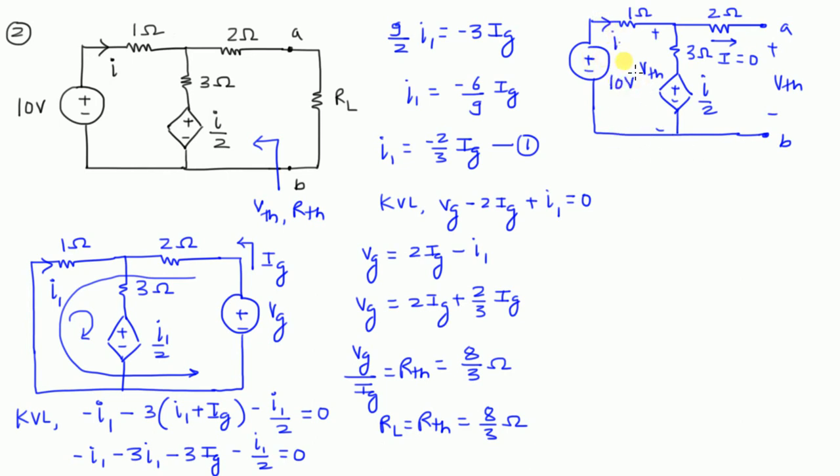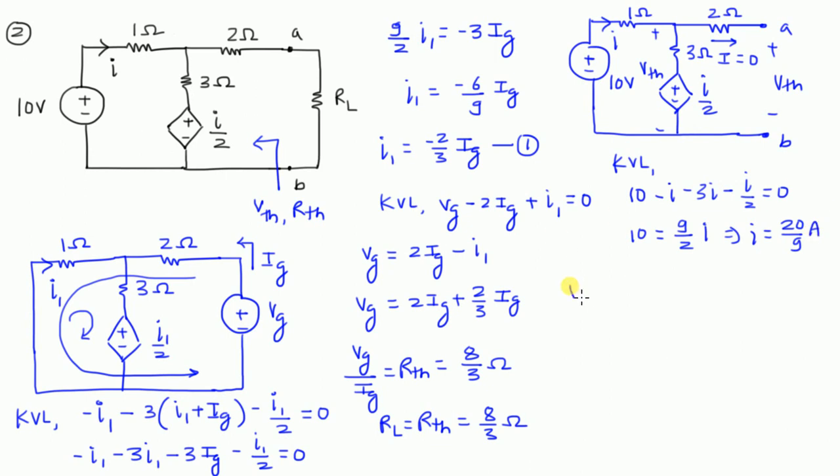So first find out what is the value of I by applying KVL. So 10, rise in voltage 10, then drop I, then current through 3 ohm resistance is again I, so 3I, then drop I by 2. So this is 10 equal to 9 by 2 I, or I is 20 by 9 ampere.